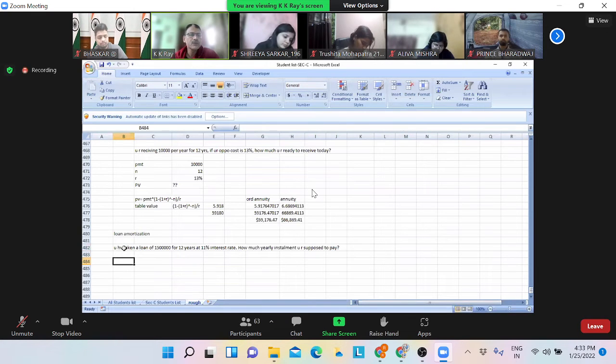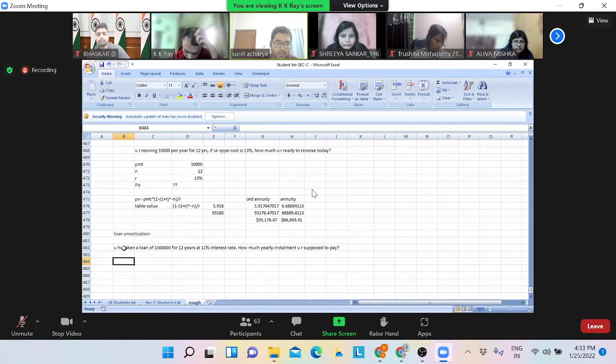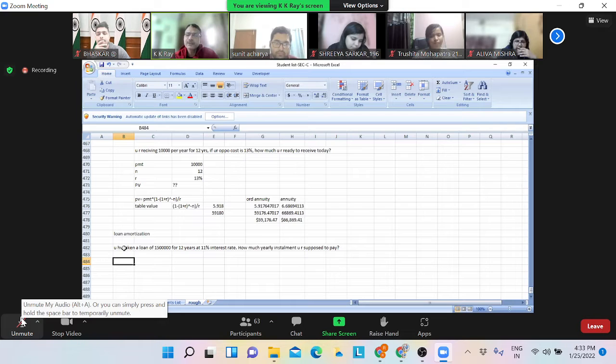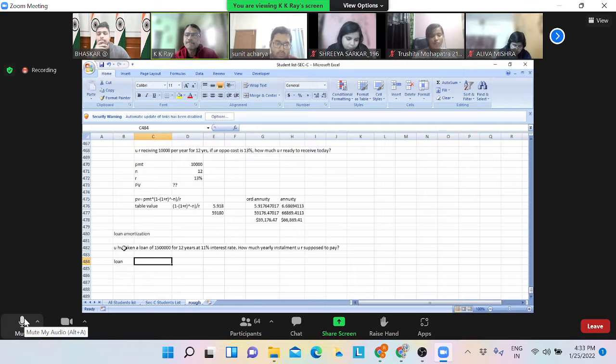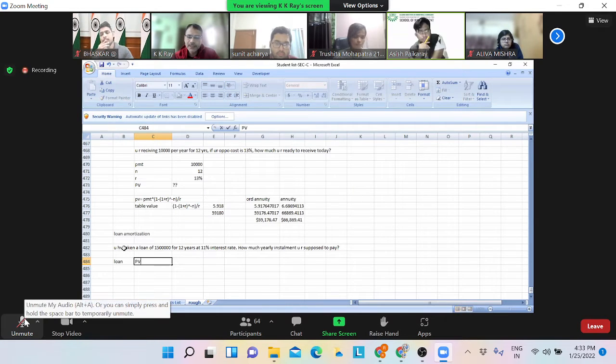So what are the things that are given here? Rate of interest, amount, time period. The loan amount is called what? Present value, very good. So the present value is 15 lakhs. The rate of interest is 7%.